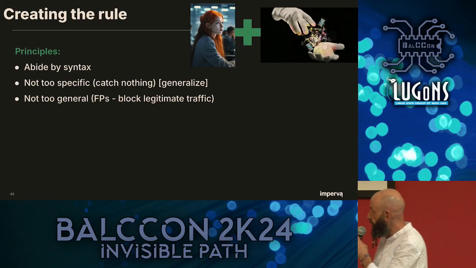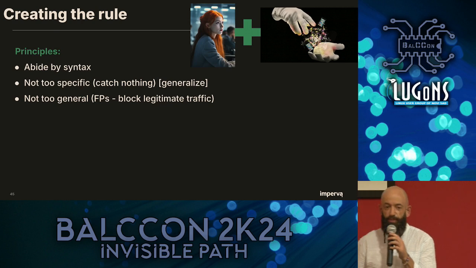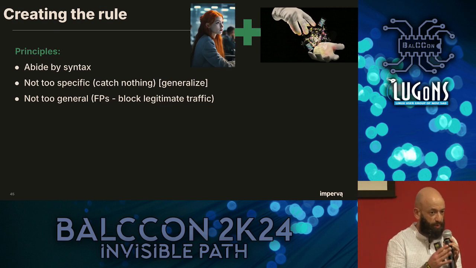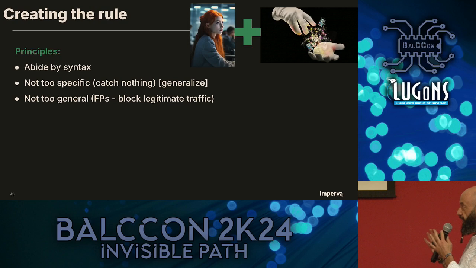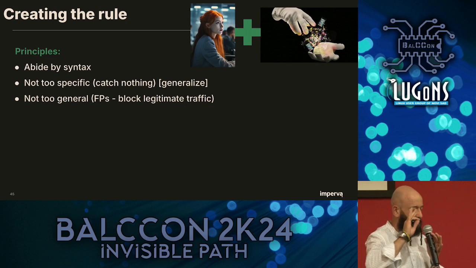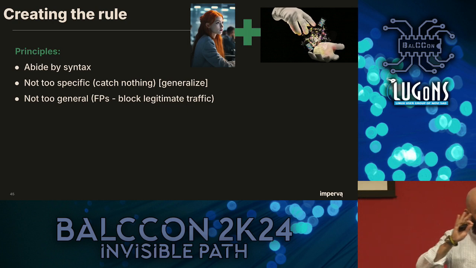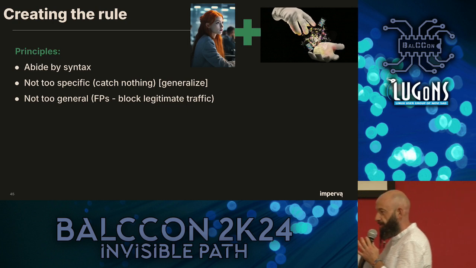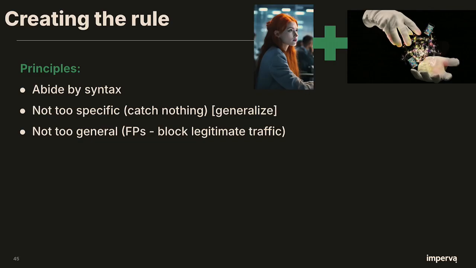You have to make sure that the rule balances between not being too specific and not being too general. If it is too specific, let's say the article talks about a very, very specific payload, and then maybe the attacker changed the payload a little bit, we will probably catch nothing.